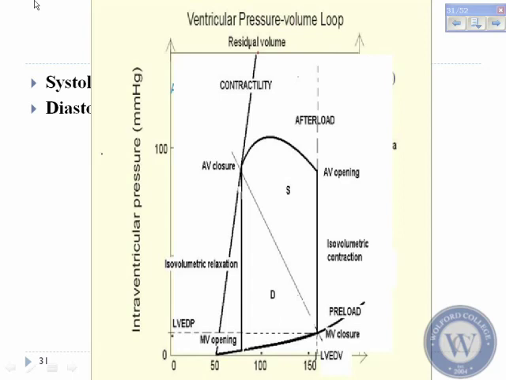Okay. What the contractility line basically tells you is how well the contraction is taking place. The more vigorous the contraction, the more vertical this line becomes. Okay? So if nothing changed, if the afterload stayed the same and the preload stayed the same, it's the same.